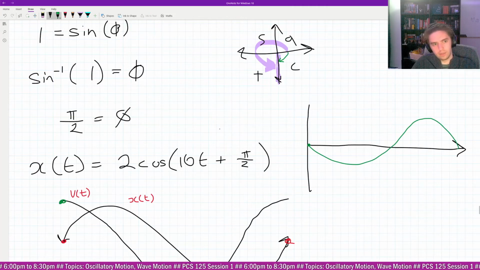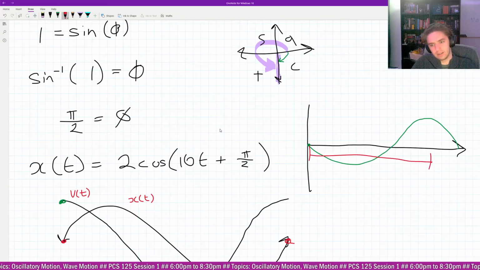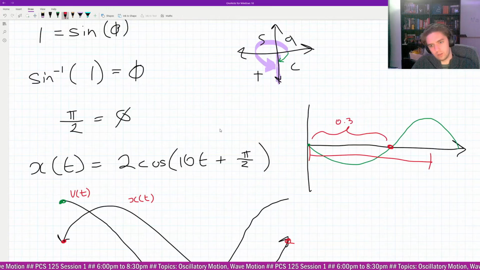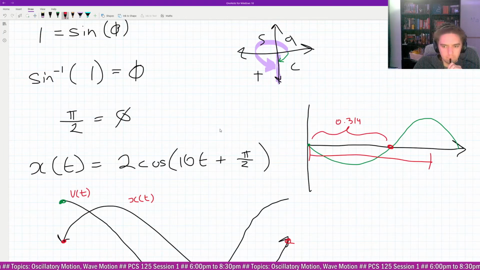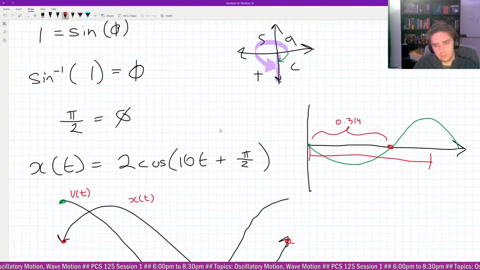We need to figure out how long it takes to get from here to here. Well, it takes 0.314. That's what we calculated. And then it'll take this distance, right? Your graph is in terms of x and y. I'm picturing the graph in terms of x and t.